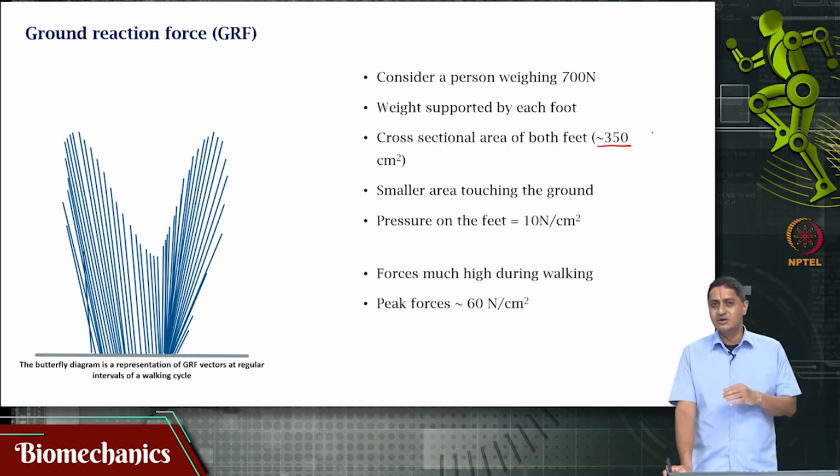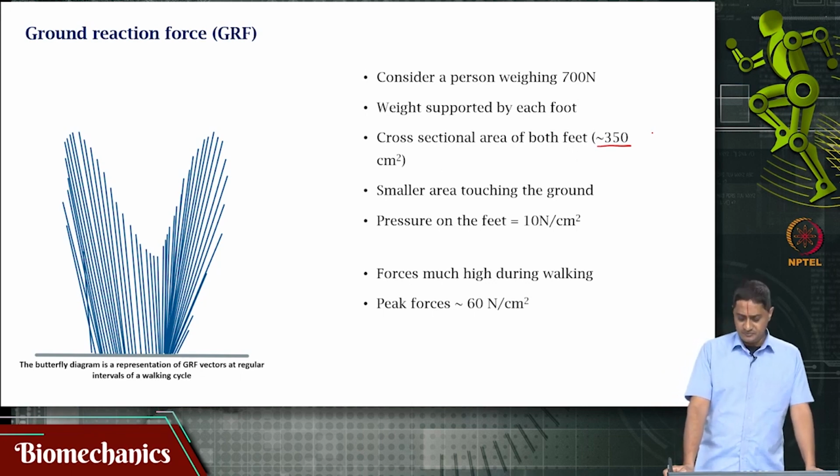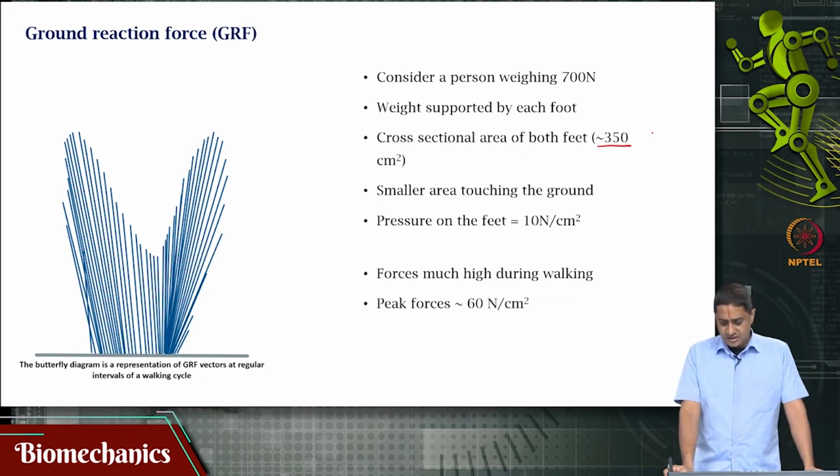This is something that we do not do at a conscious level, but we do this all the time. Assuming all these things, and adjusting for all these things, on an average, the pressure on each foot is about 10 Newton per centimeter squared, considering only some areas of the feet are in contact with the ground, right.